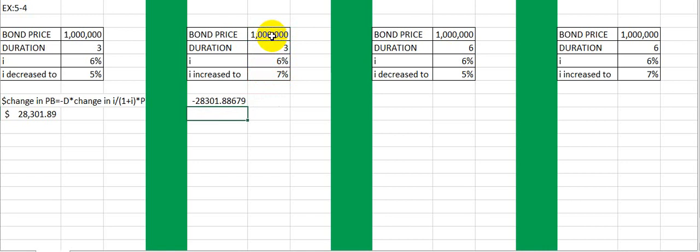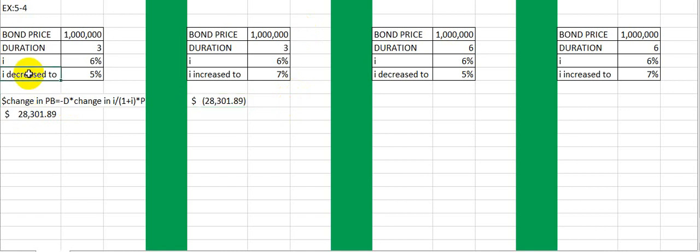Since the change is 1% too, this will yield a decrease in the price of the bond by the same amount, because it's about the same change in interest rate, which is 1%.